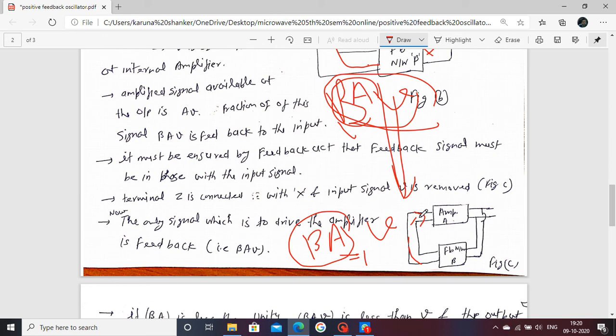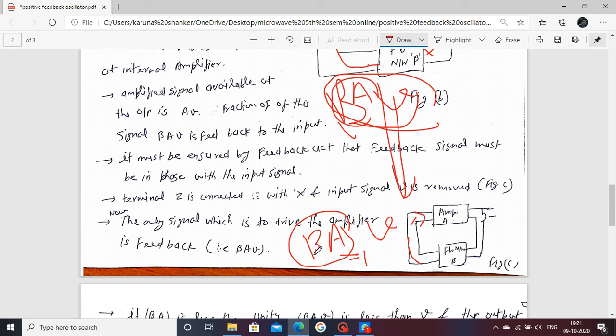That's why no external input is applied; just noise present in the oscillator circuit serves as the input.